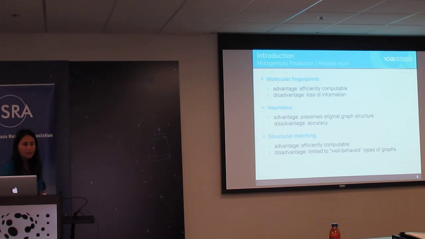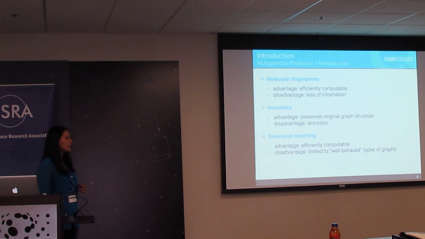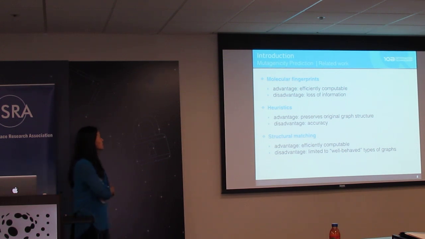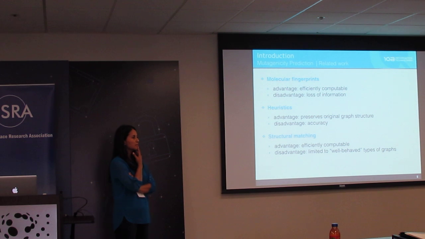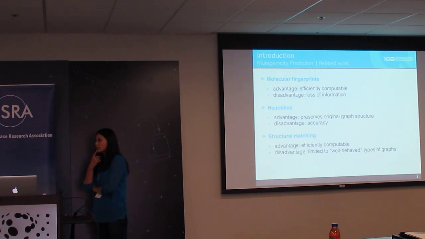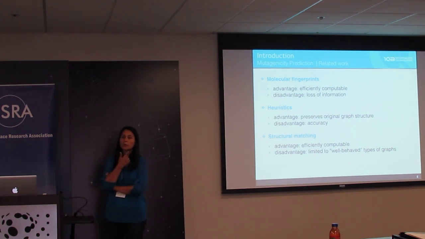So before telling you our approach, I will take you to the related work. So I just selected 3 types of works. The first one is the most popular one. It's based on molecular fingerprints. So in this case, people represent molecules via vectors of zeros and ones.